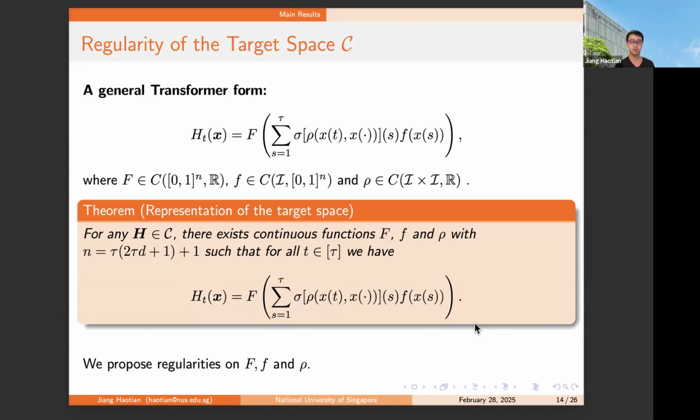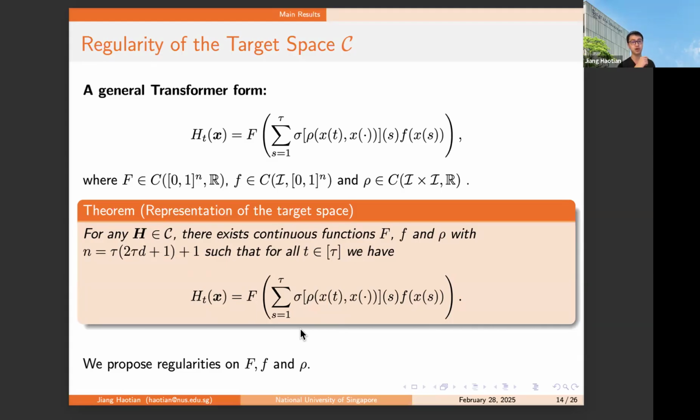This means that we have a representation of all continuous functions using these three functions, big F, small f, and rho, so that we can impose regularities on these three functions.